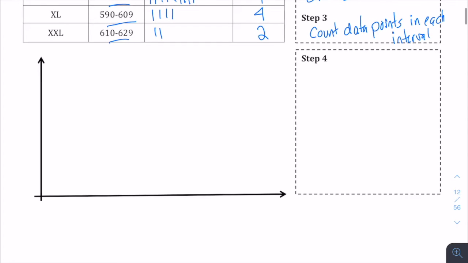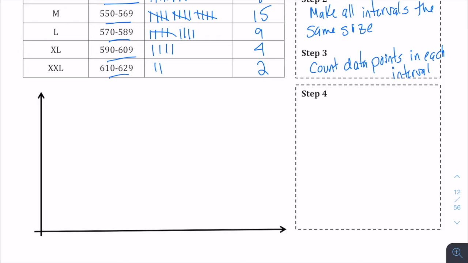So we're going to now move to our histogram space down here. And while I don't like to do this for a lot of graphs, we can see that our data doesn't start until 510. So we are going to put a break in our graph right there, because we want to start our horizontal axis with these interval amounts. And so the first amount is going to be our 510 right there.